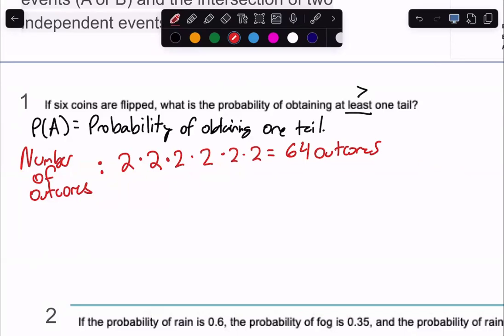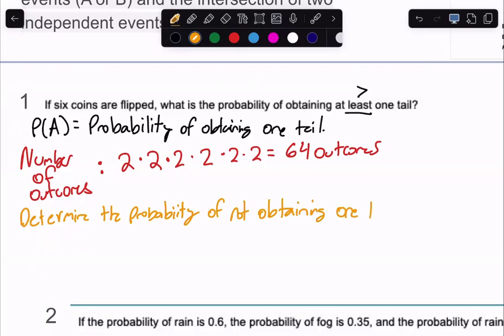Next, the way the online homework wants you to do it is to determine the probability of not obtaining one tail, because it turns out it's easier to find that probability than the probability of at least one tail.